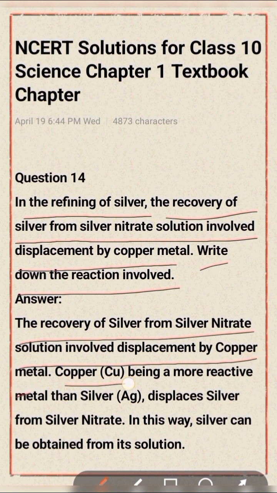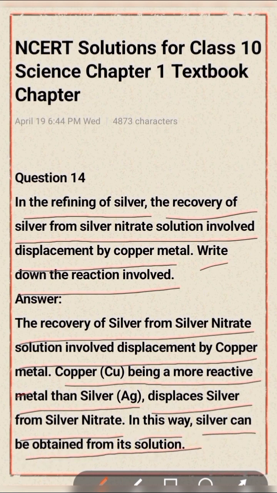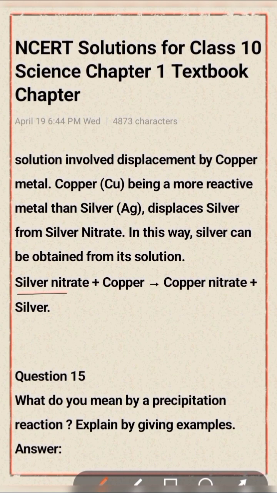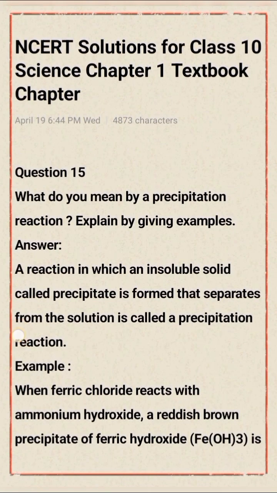Copper, that is Cu, being a more reactive metal than silver, that is Ag, displaces silver from silver nitrate. In this way, silver can be obtained from its solution. That is the word equation: silver nitrate plus copper forms copper nitrate and silver.